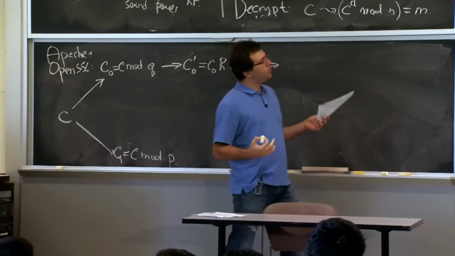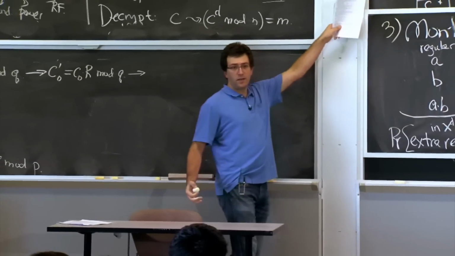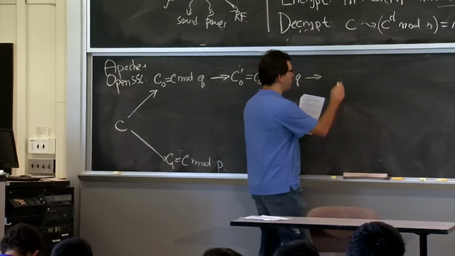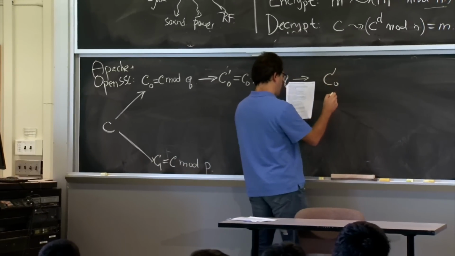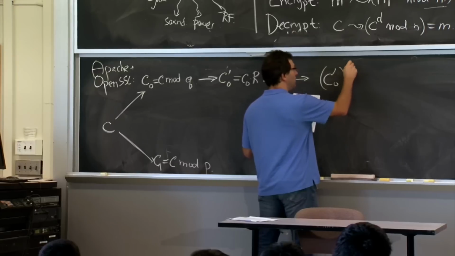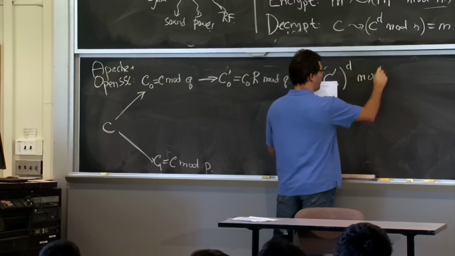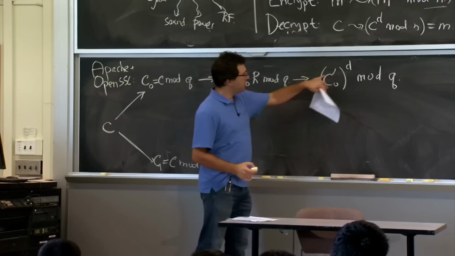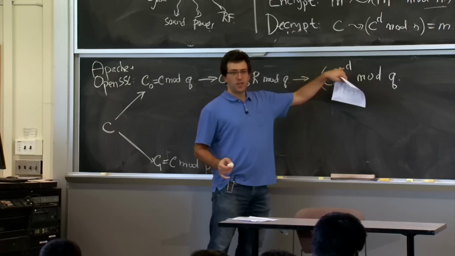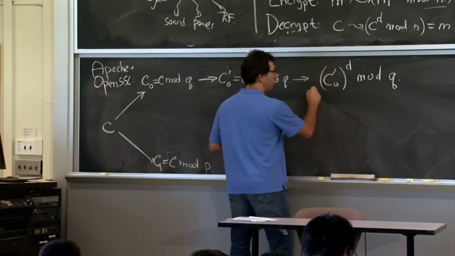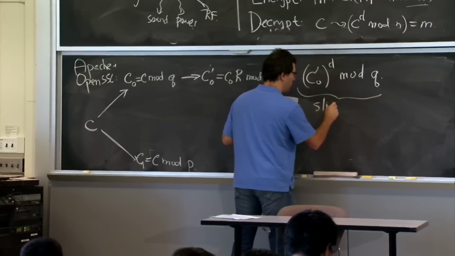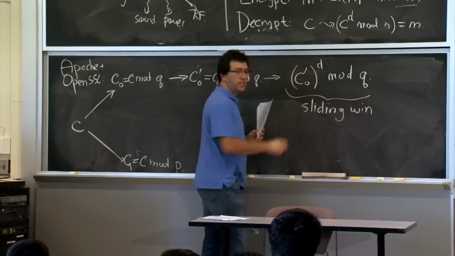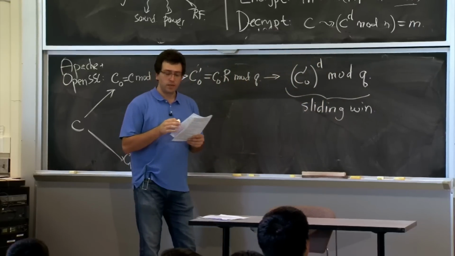And here's where we're going to use the sliding window technique. So once we have C prime, we can actually try to compute C prime exponentiated to D mod Q. And here, as we're computing this value to the D, we're going to be using sliding windows for the bits in this D exponent.